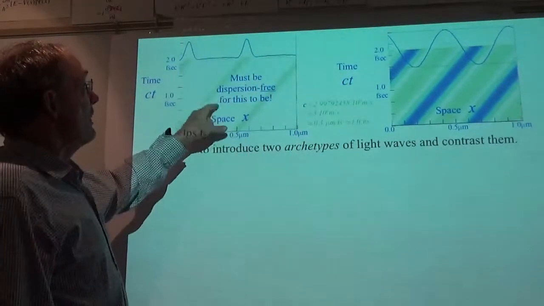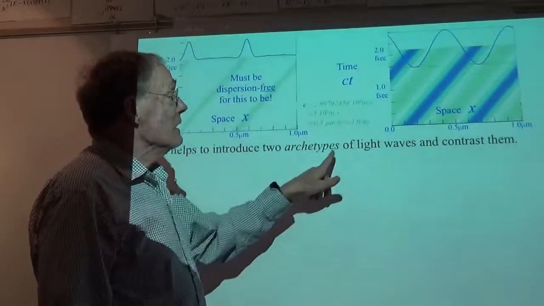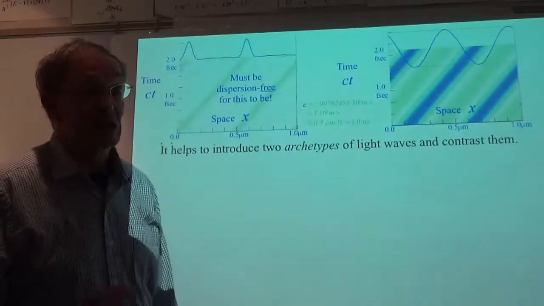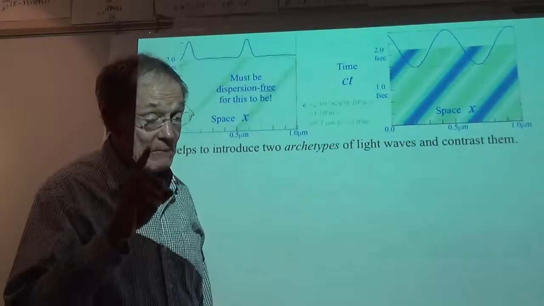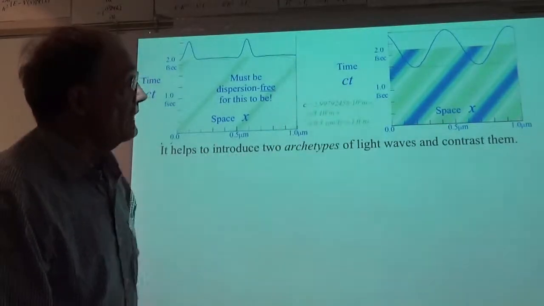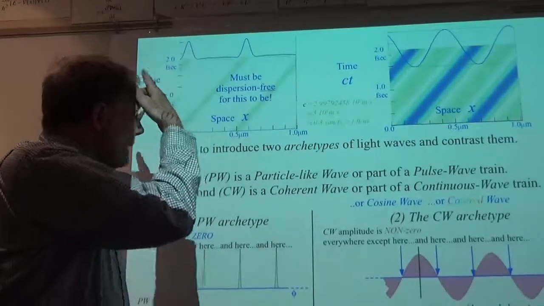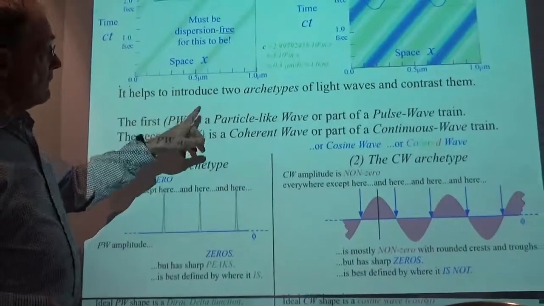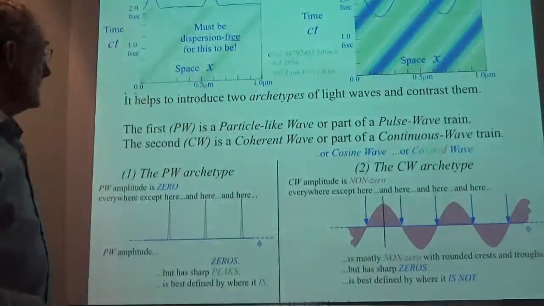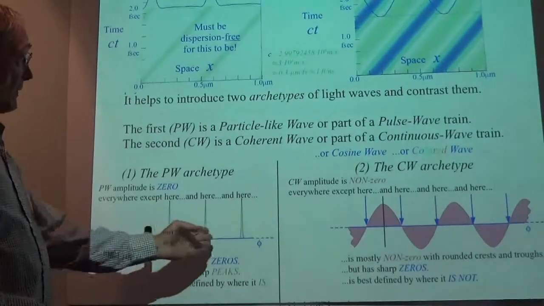So this is not a diagram for anything but a light wave. It needs that speed of light to be the same for all colors. So there's one Fourier component. Now, the PW, or particle-like wave, or pulse wave train, is this.